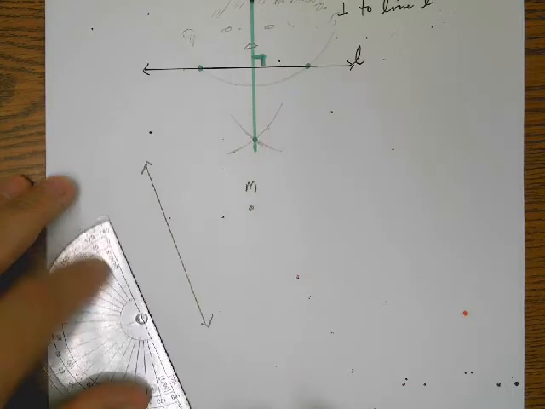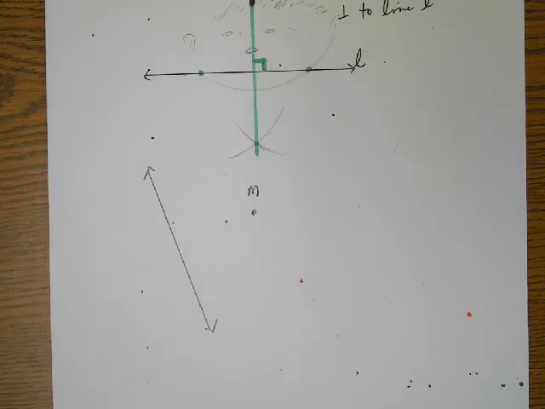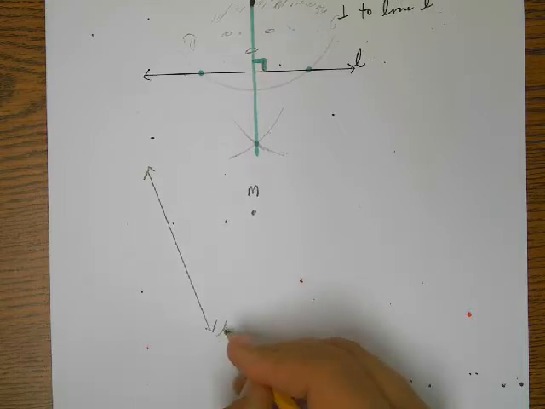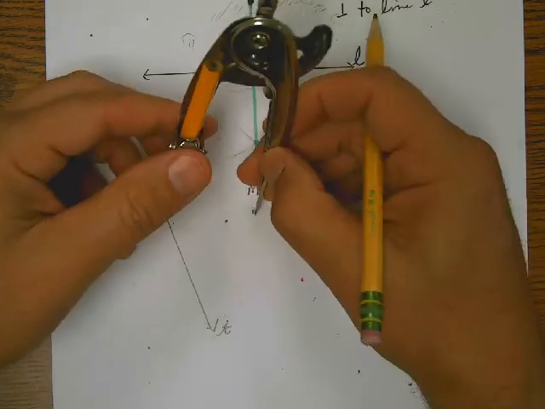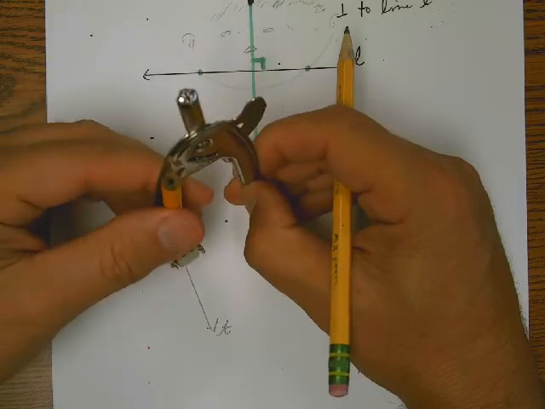Let's call it M. So we're going from M to, we'll call this line T. M to line T. All right, we go from point M. We're going to intersect line T in two spots.